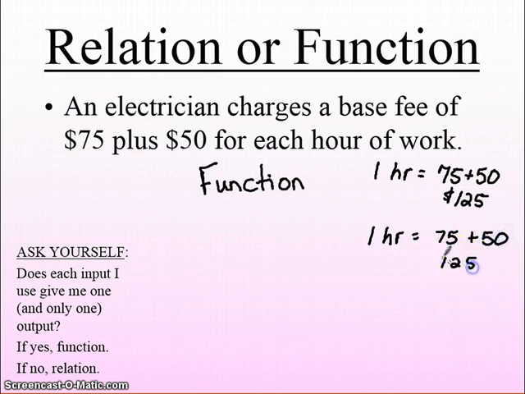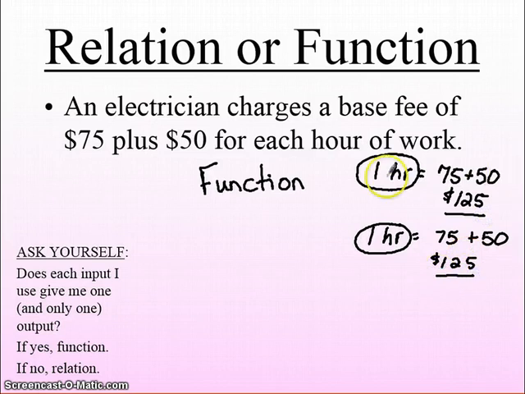That's $125. One input, one amount of work will always result in one and only one cost. This is a function. You can make predictions about the cost of the electrician's work based on this statement.